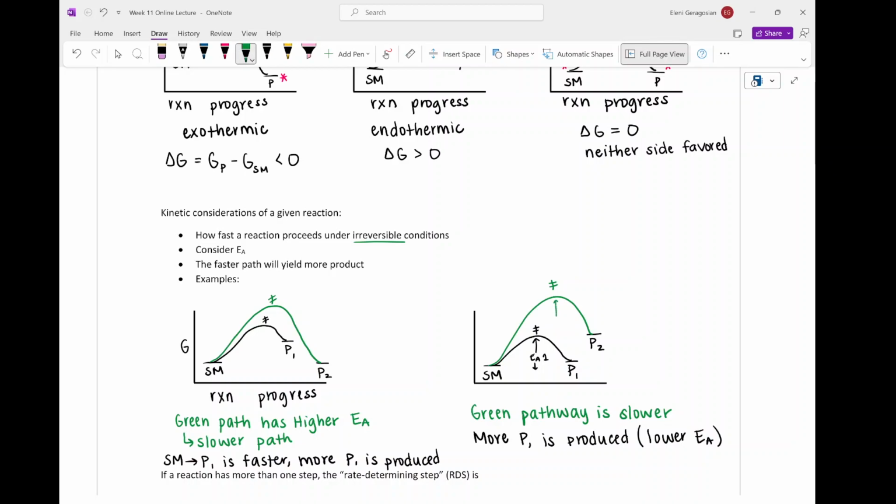And then the transition state to the energy of the starting material is the activation energy for reaction 2. So higher activation energy means lower rate, slower rate.